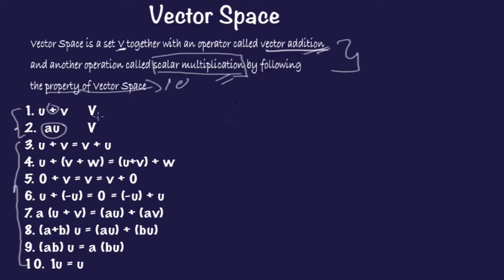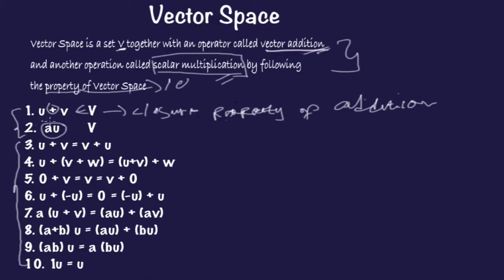The first property is that u plus v has to belong to the vector space, and we call it the closure property of addition.